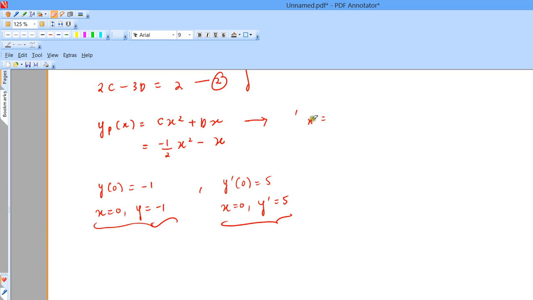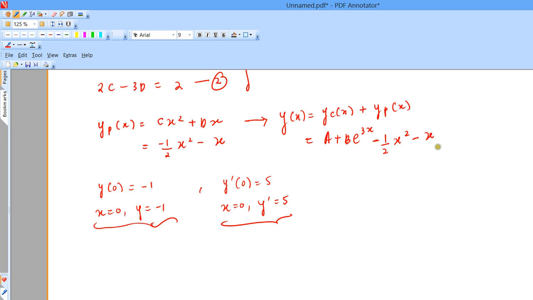Actually we need to find y(x) equal to y c(x) plus y p(x). So y c(x), we get a plus b e power of 3x, and then plus y p equal to negative 1/2 x squared minus x.